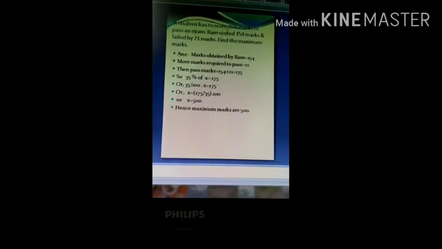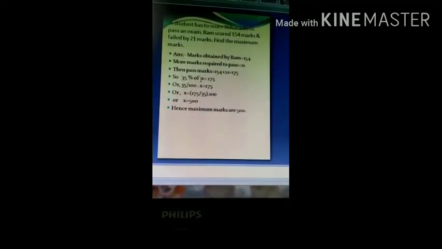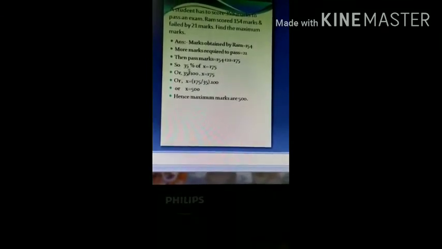Now the pass marks is 35%. If the maximum or total marks of the exam is x, then we can write 35% of x equals 175. That is, we eliminate the percentage by putting 100 in the denominator.